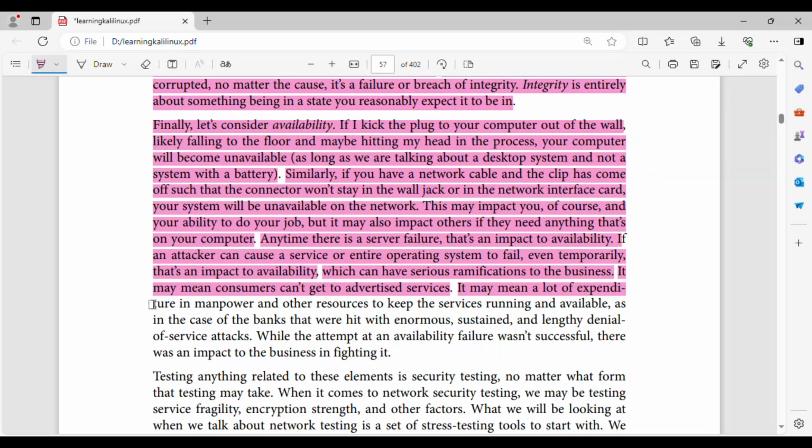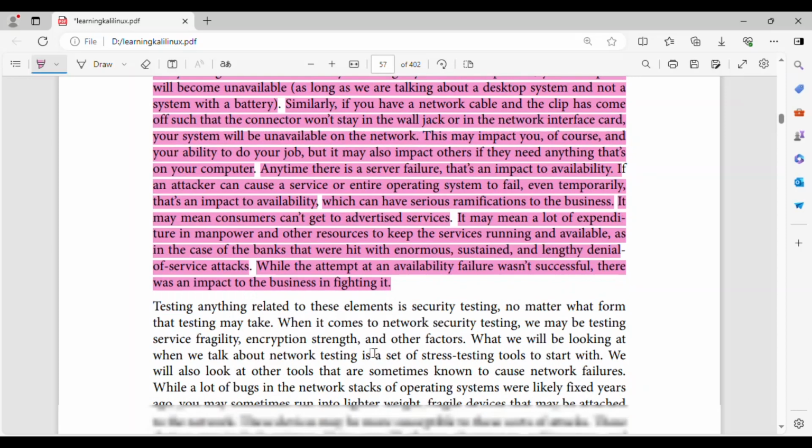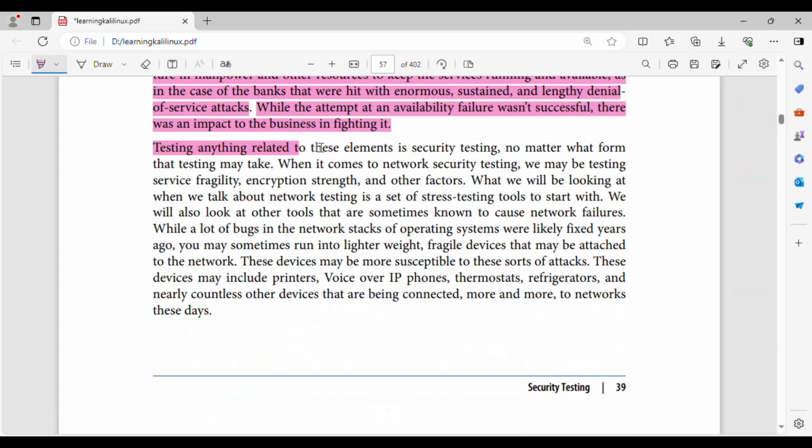It may mean a lot of expenditure in manpower and other resources to keep the services running and available, as in the case of the banks that were hit with enormous, sustained, and lengthy denial of service attacks. While the attempt at an availability failure wasn't successful, there was an impact to the business in fighting it.